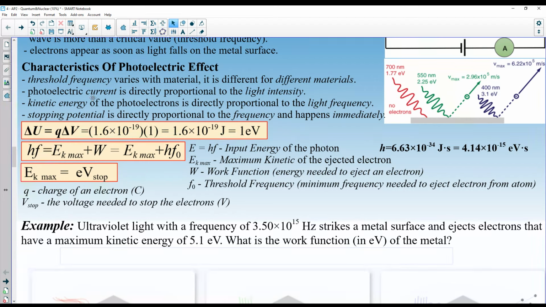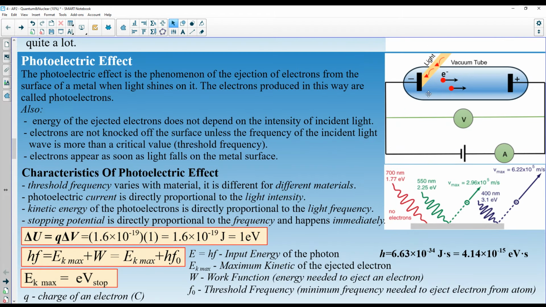Photoelectric current is directly proportional to the light intensity. Intensity means how many photons are coming. If many photons are coming at the right frequency, they have to have the right energy to be able to pull out the electrons and give them kinetic energy. So if there are many of them coming, every photon can pull out one electron, right?